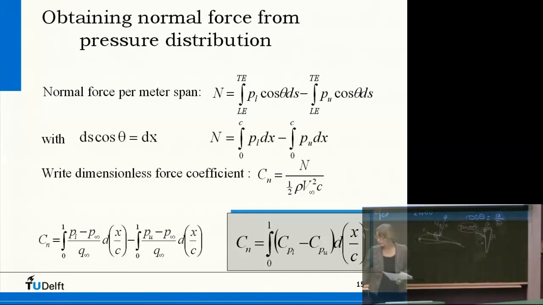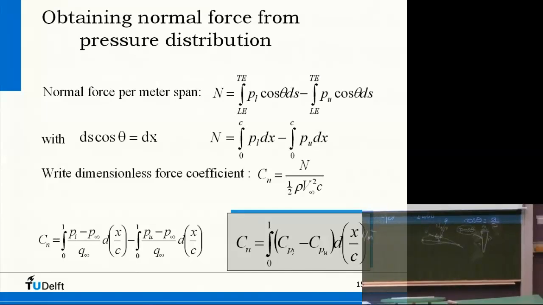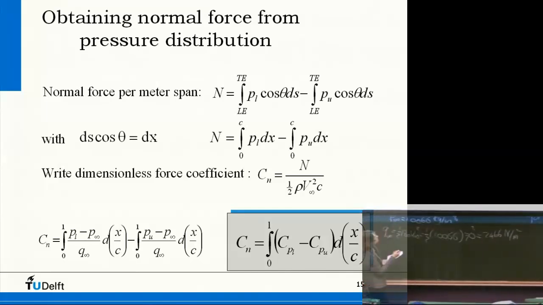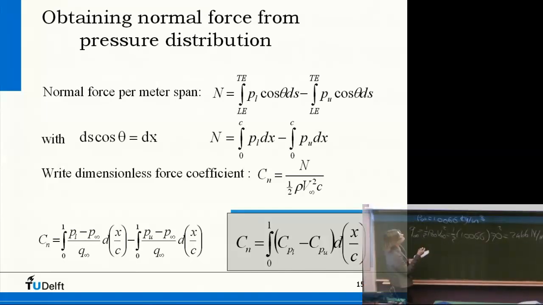So what we're looking for, the projected pressure on the normal force, is P cosine theta, and we're integrating it still along ds. And then it is the lower side, because that was pushing up, minus the upper side. So P upper is up here, lower is up there, and we integrate the ds from leading edge to trailing edge. So then we have the pressures all in the normal direction, right? So this is the resulting normal force.